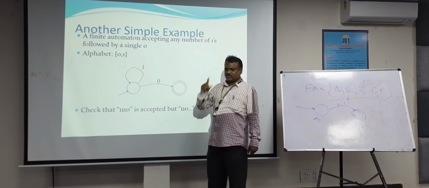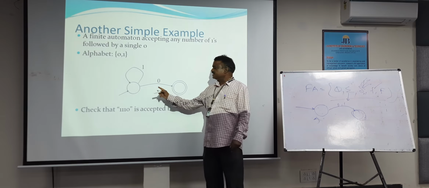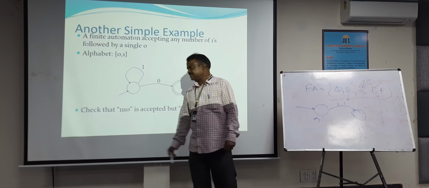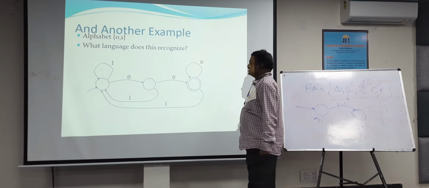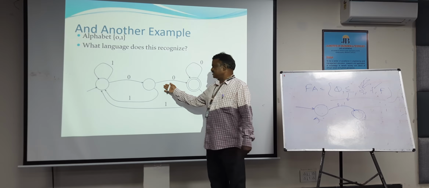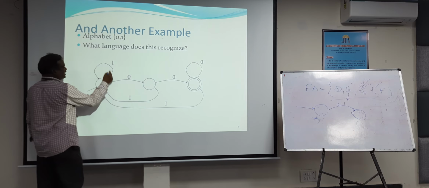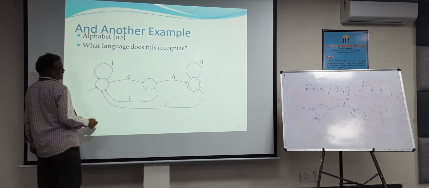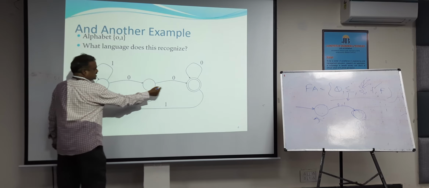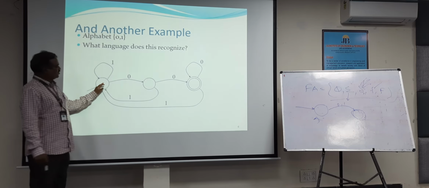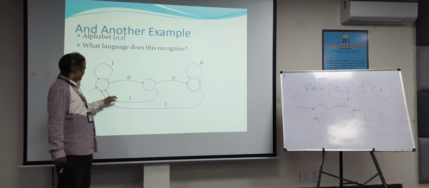When it has only a single transition, we call that a deterministic finite automaton. Same thing with this example: this is the initial state, with a self-loop, and this is the final state. A 0 is moving in this way and 1 is moving in this way.